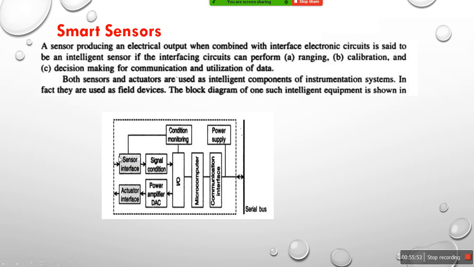That means whatever output is generated from the sensor, maybe the signal will be very low in strength, but in order to make the signal very high in strength, we use this amplifier circuit or signal conditioning circuit, so that it will drive the information coming from the sensor to other parts. That is, say this is the IO, meaning input output part, and again this is a microcomputer, and this microcomputer has a communication interface in order to send that to the other external environment.